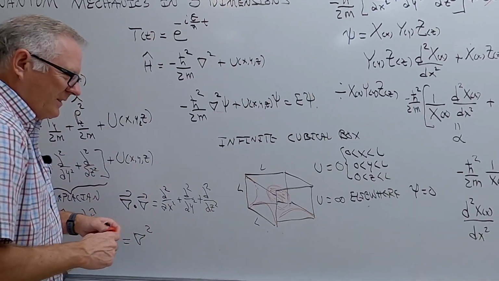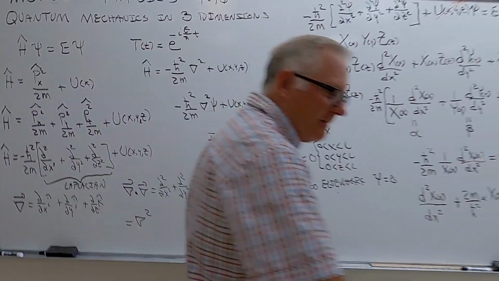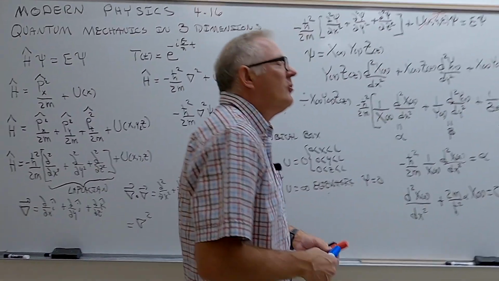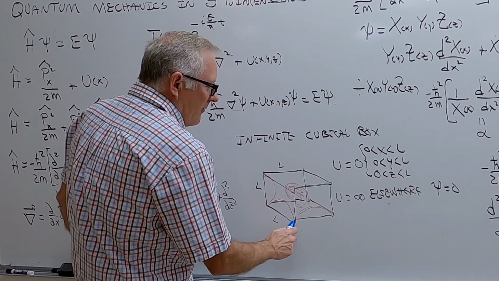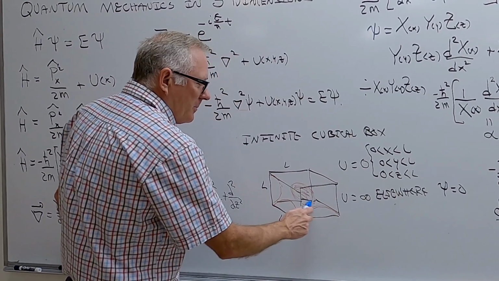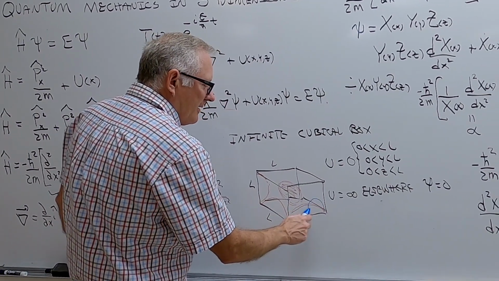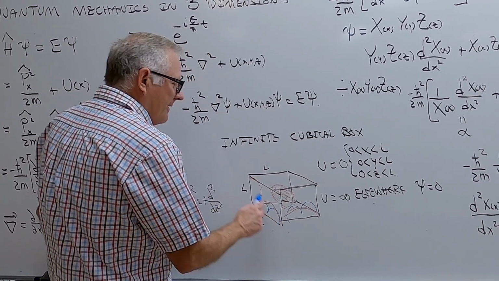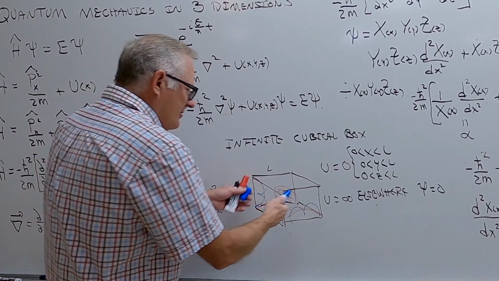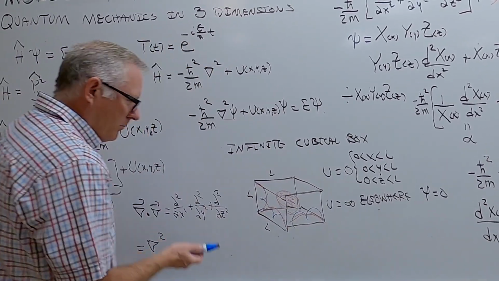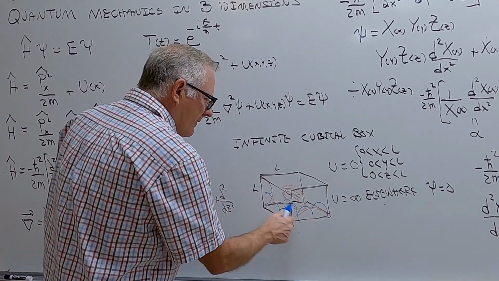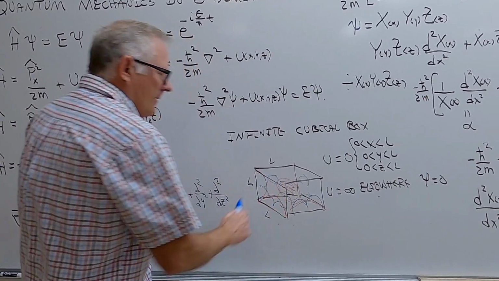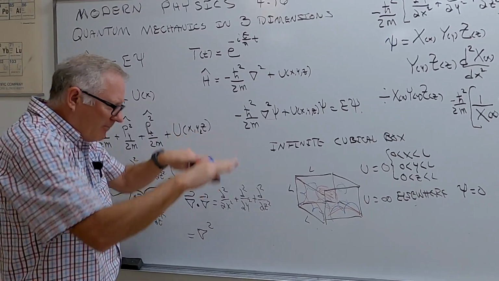If you wanted to know what the second state looked like, let's say the 2, 2, 2, it would have two bumps. The probability would be like two bumps here, and two bumps here, and two bumps there. I guess you'd have 8 blobs or something, 4 of them on the top and 4 down below.